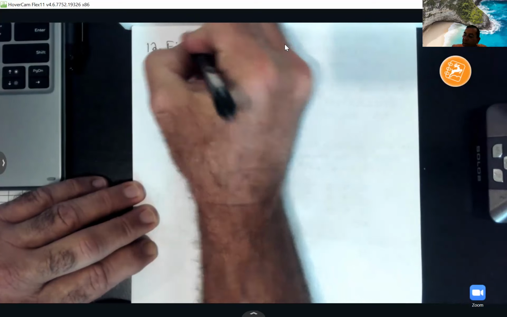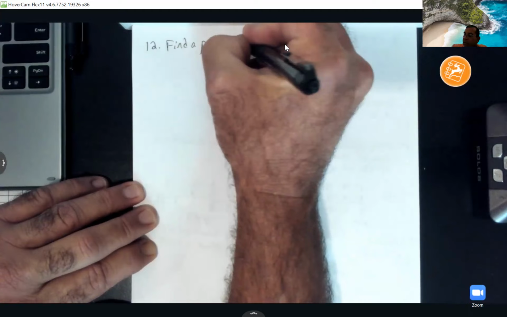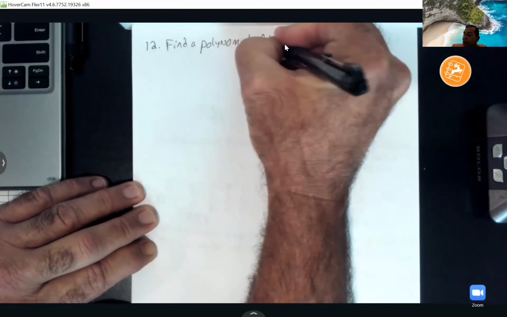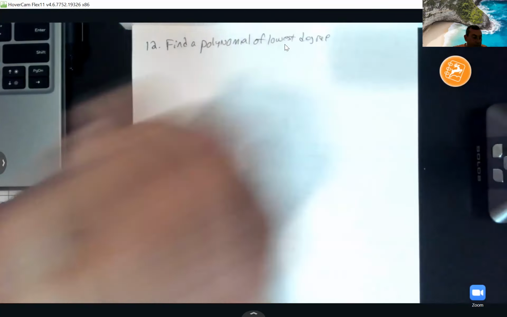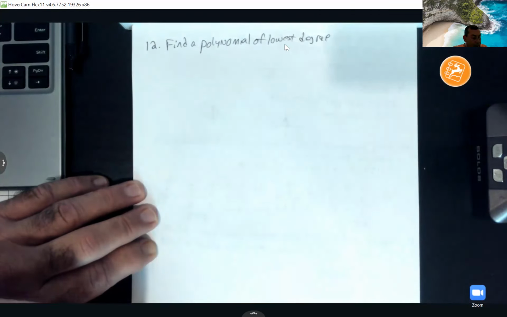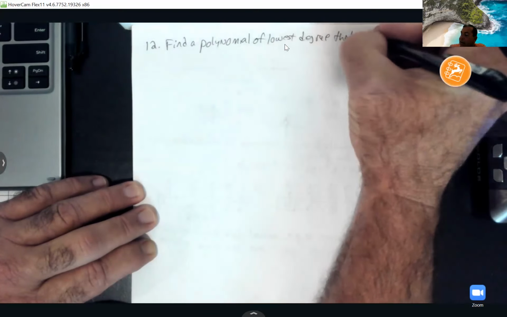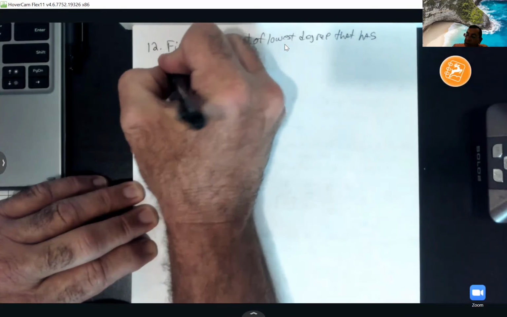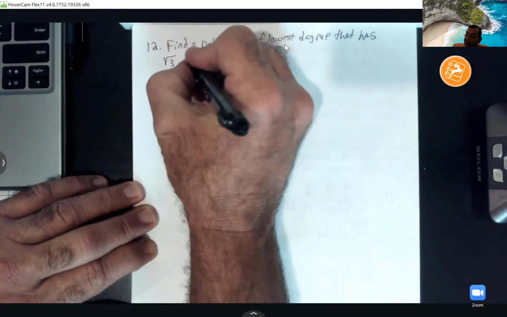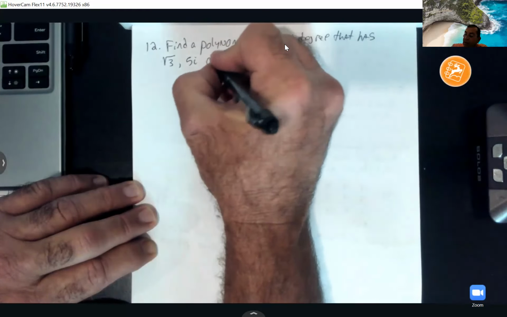So number 12 says find the polynomial of lowest degree that has a square root of 3 and a 5i as some of its zeros.